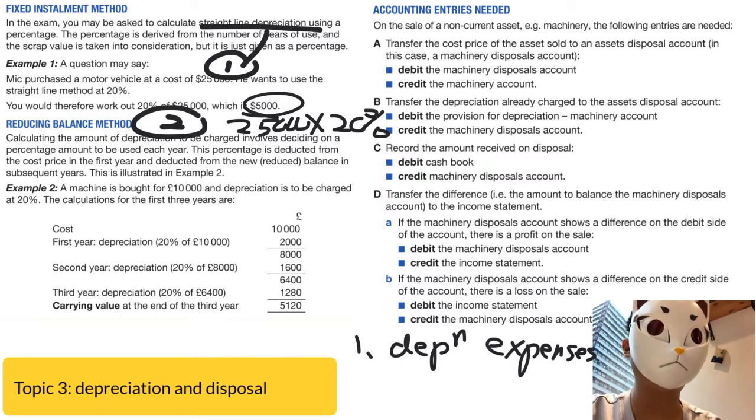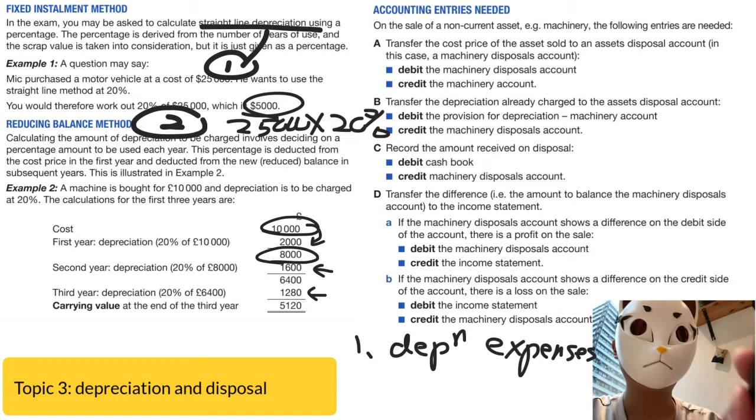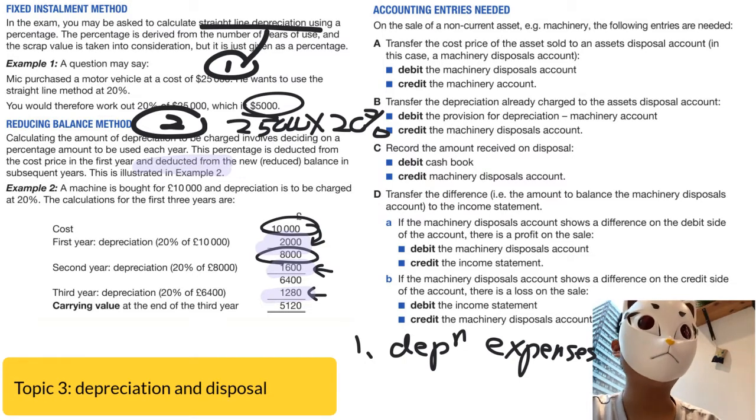But for the reducing balance, it would be quite difficult. First of all, we will start here: 10,000, 8,000, and then 2,000. For reducing balance, you can see the amount of depreciation expenses would drop every year.